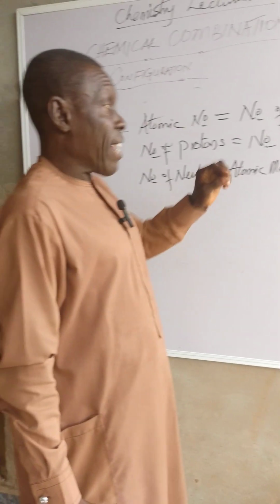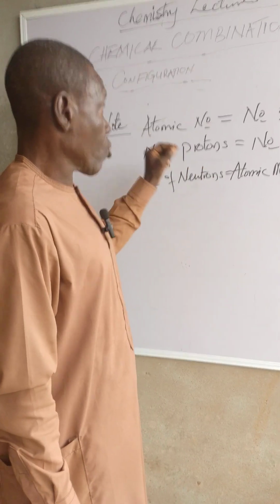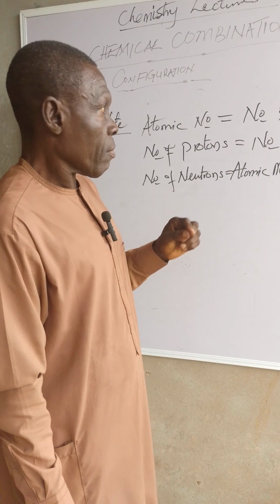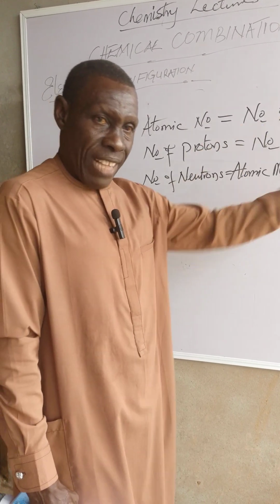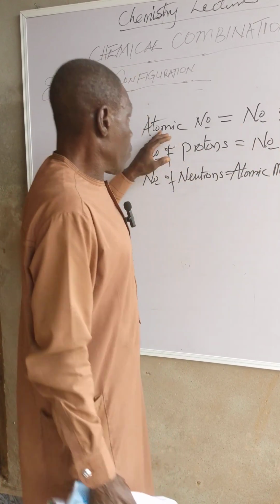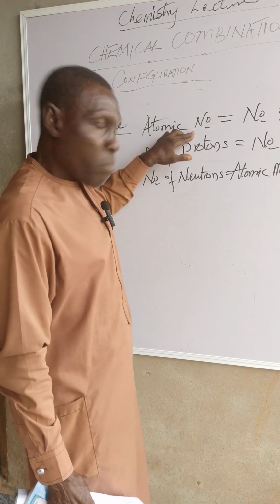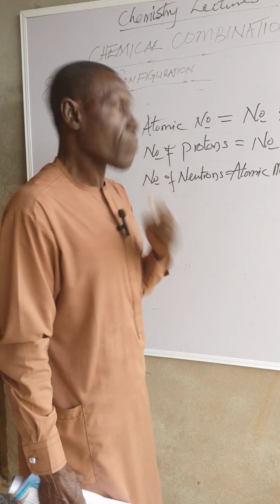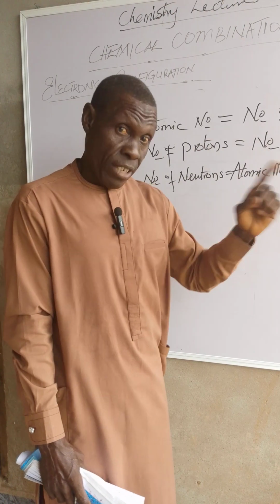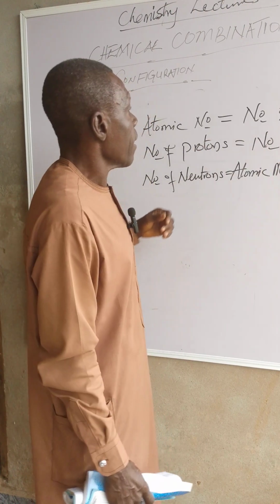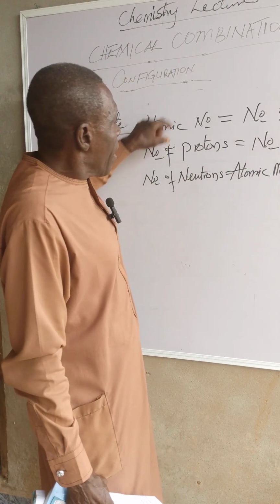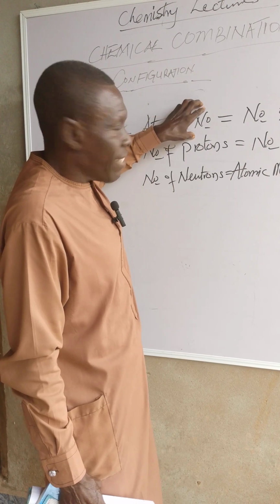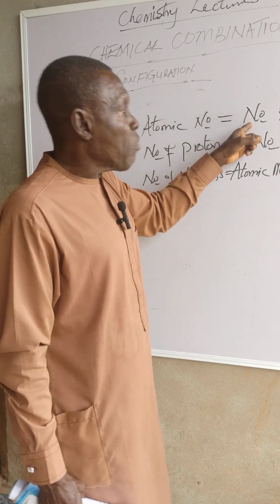As long as you are determining to construct the structure of an atom, after knowing the parameters I give to you, you must be able to know the atomic number of the said element as it appears in the periodic table, serially. Then that number of the atomic number you are seeing is equal to the number of what?